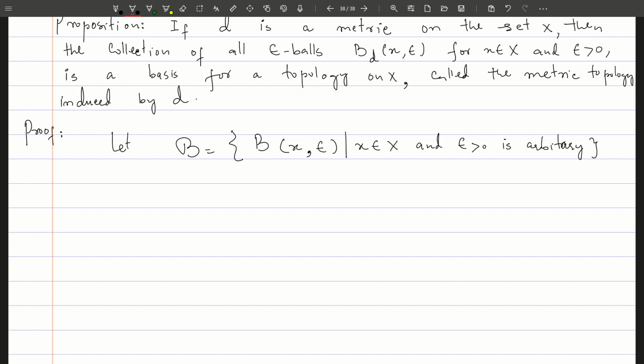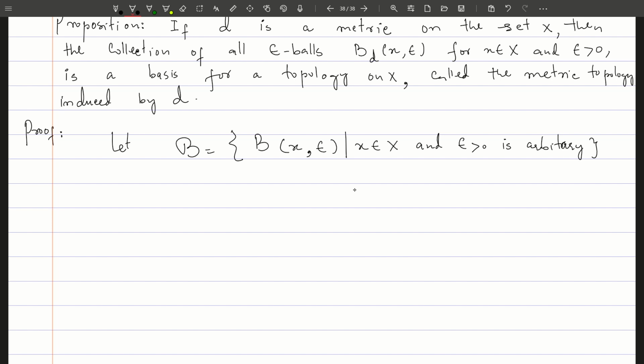Now to prove this 𝓑 is a basis, we have to prove it satisfies the two conditions for being a basis. The condition one is that for each x in X, there must exist a basis element, say B(x, epsilon).